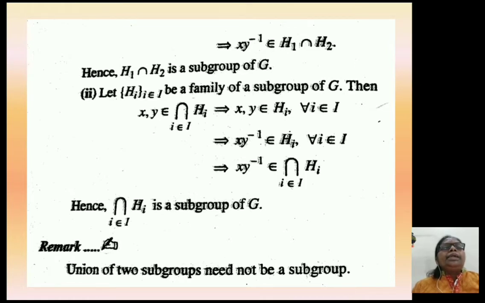Now we have to prove that the intersection of Hi is a subgroup of G. Now consider the second part.